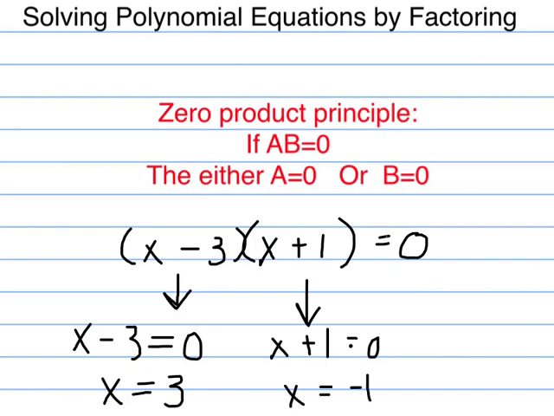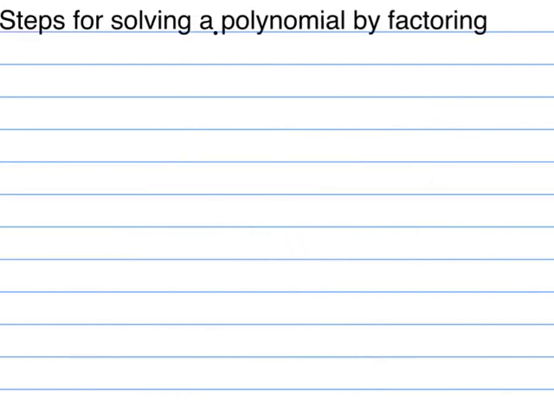So the solution to that would be 3, negative 1. Right, so if we have any polynomial that we can factor, we can find the solutions by setting each of their factors equal to 0 and then solving for that factor. Let's look at some examples of this principle.